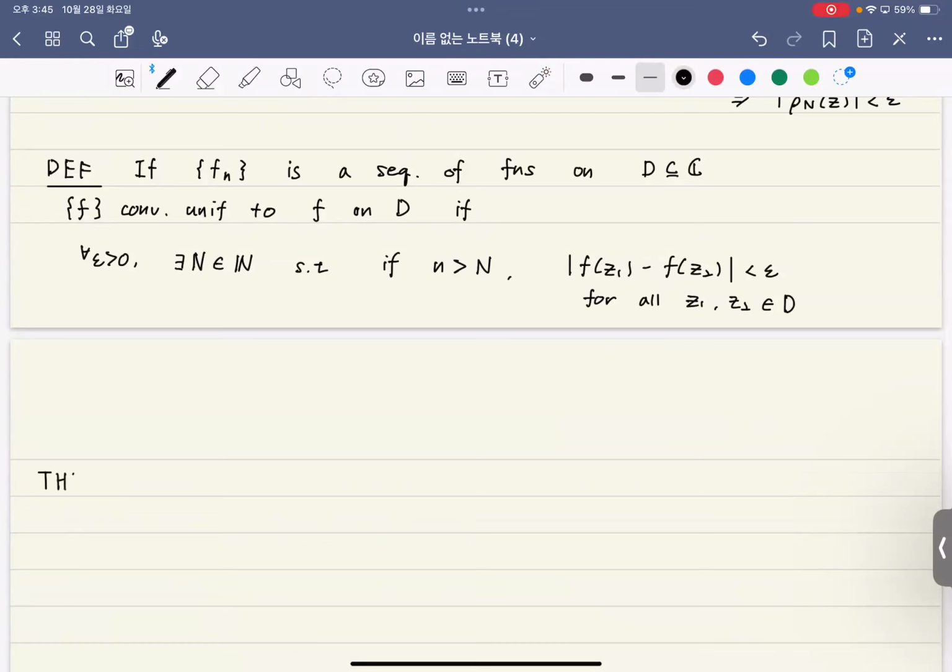Is it something to do with our power series? Yes, absolutely. This is the first theorem that we try to prove for today's lecture.